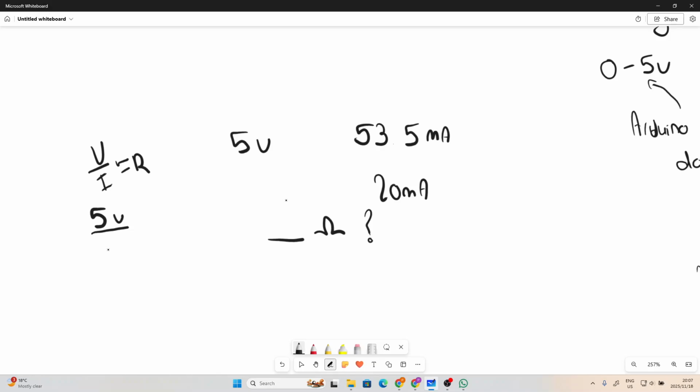Anyways, so we're working with milliamps. How many milliamps in an amp? I'm finding my robotics notes. Just guess.